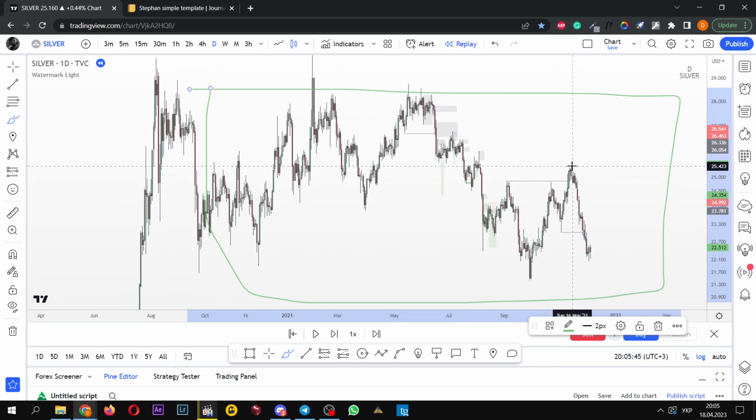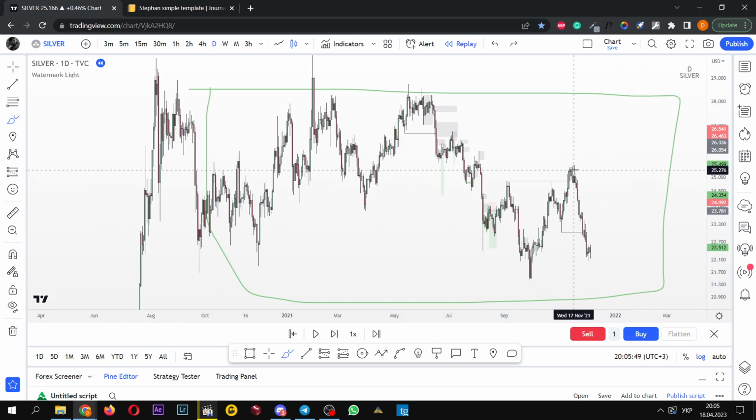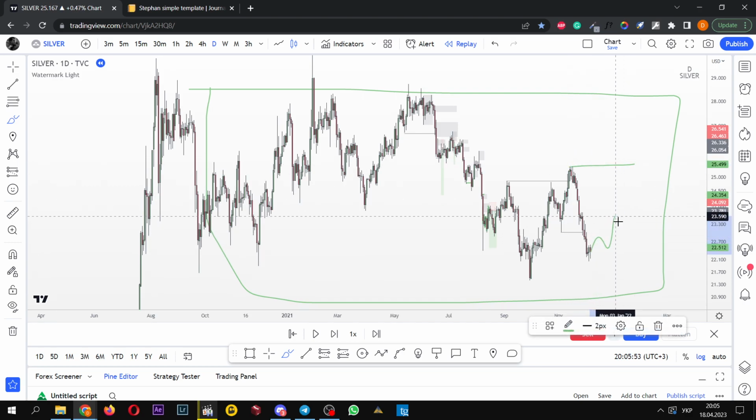So right now we are in this bearish range on daily, and that's why until it holds or until clear bullish structure develops, I'm okay with finding some shorts from these zones.